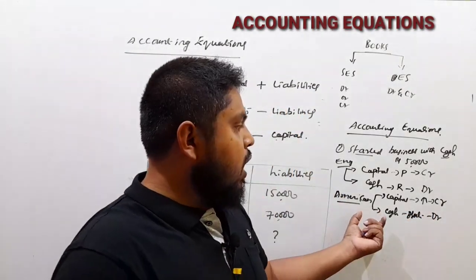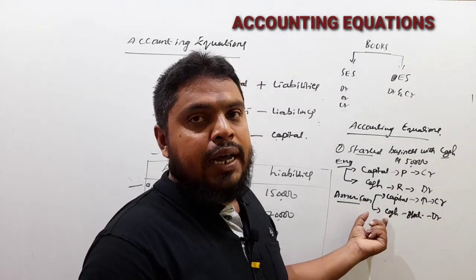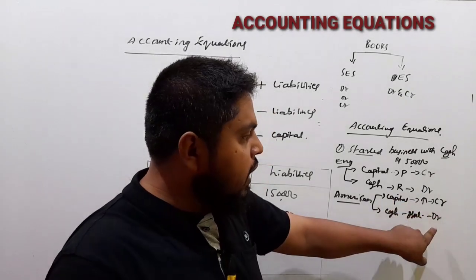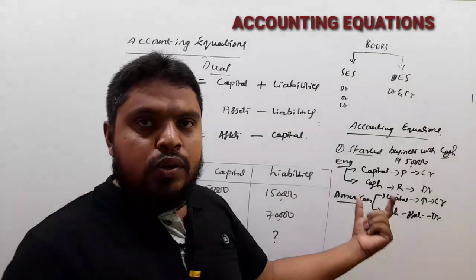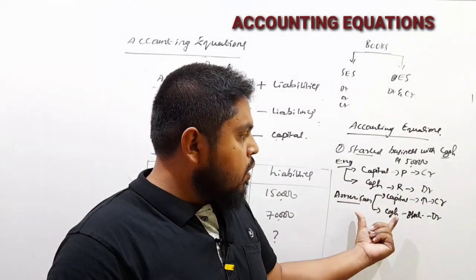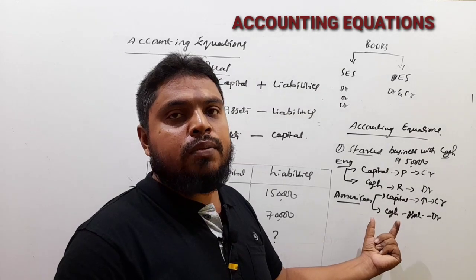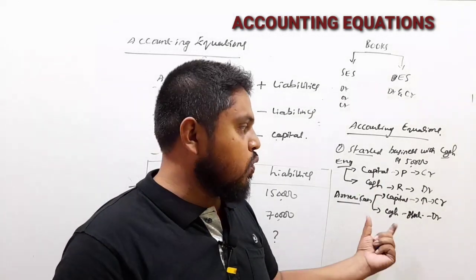So these are the debit and credit rules under the American system of accounting. As per the new concept, students are advised to follow the American system of accounting, that is, the increase and decrease rules.